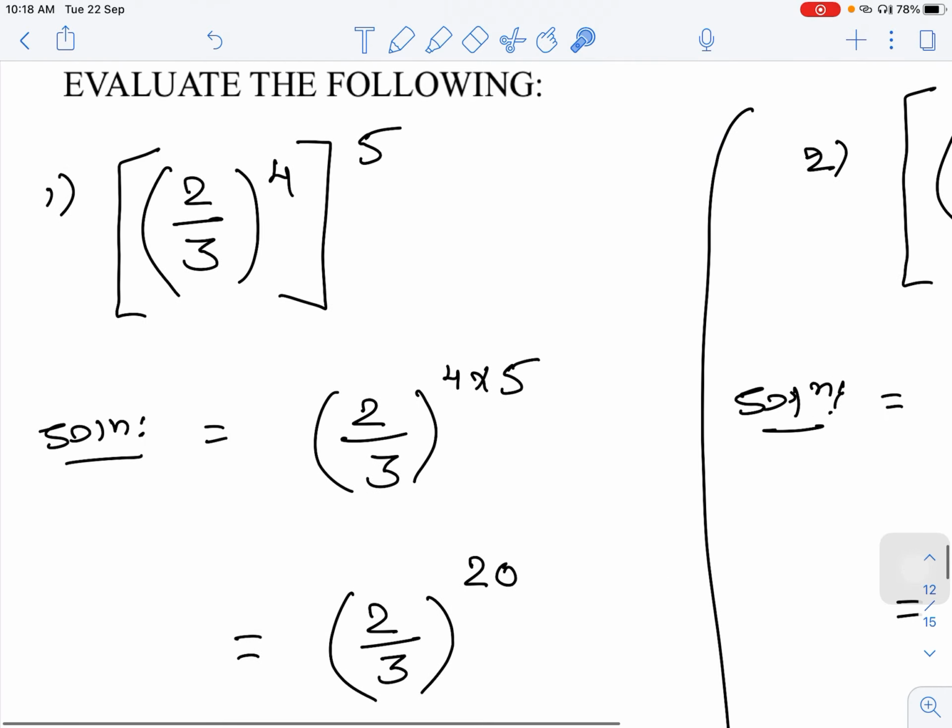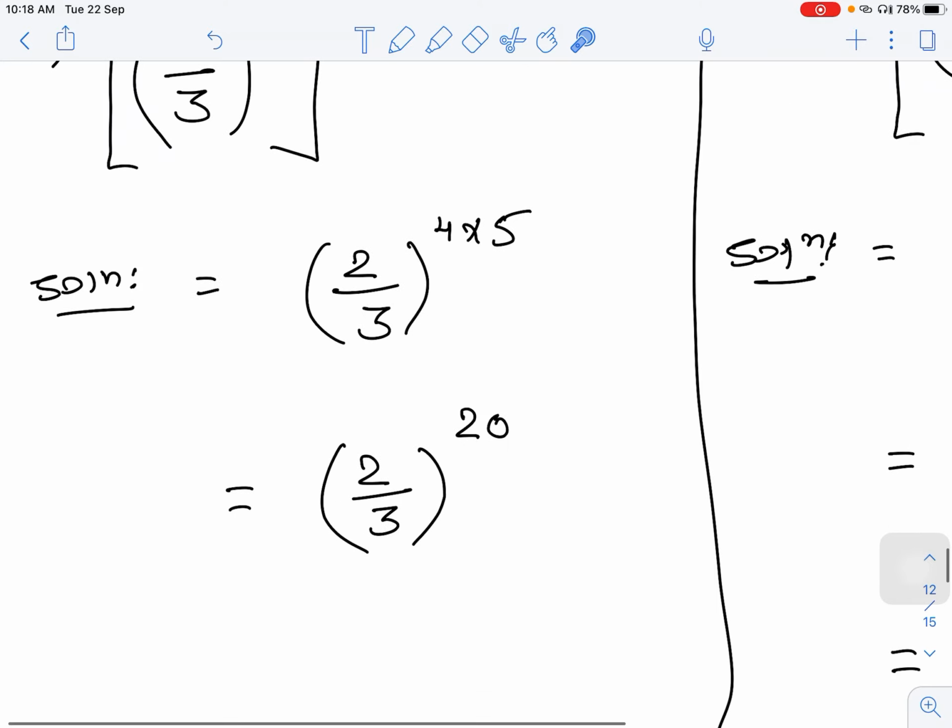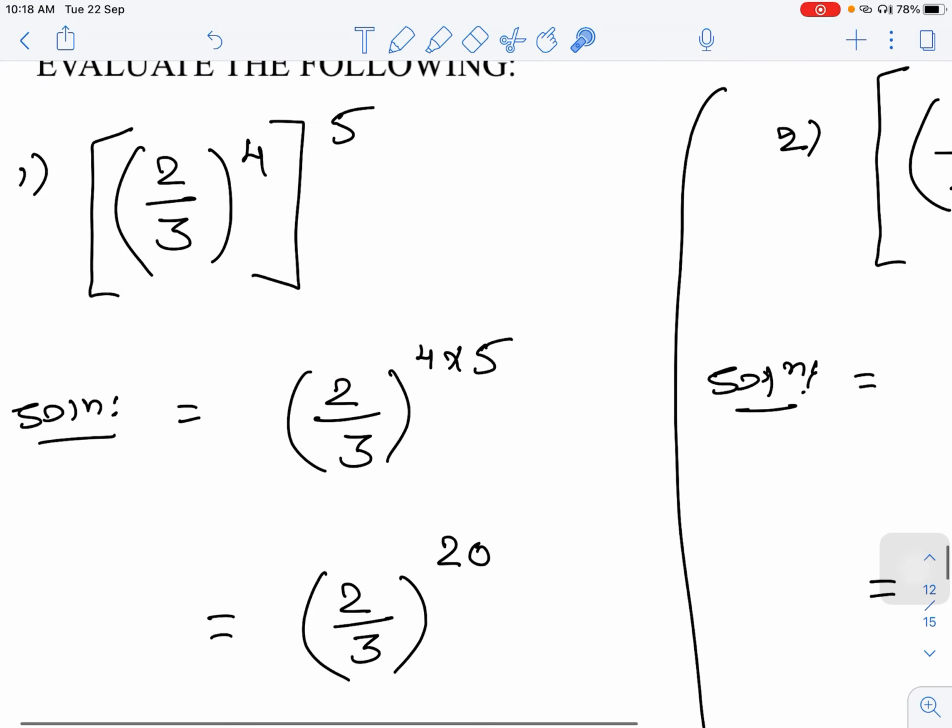So here we have our first example. It is given that evaluate the following: ((2/3)^4)^5. So there is a power over a power. So what we have to do? We keep the base as it is, that is 2 upon 3. Now we'll multiply the powers. So 4 into 5, that is 20. So what is our final answer?